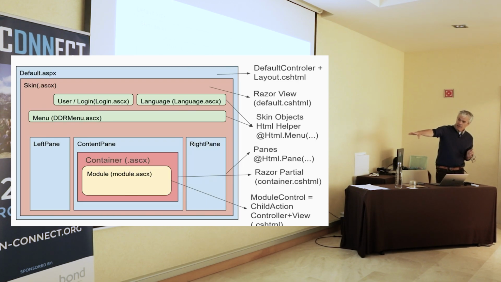This pattern is used for the modules, but also some of the web form controls of the core of DNN, like the module actions rendering, or it can be used for other stuff. For example, the persona bar is actually included in a web form control in DNN, and we create another child controller for that.